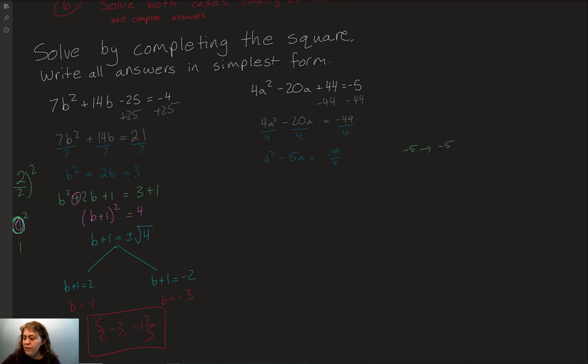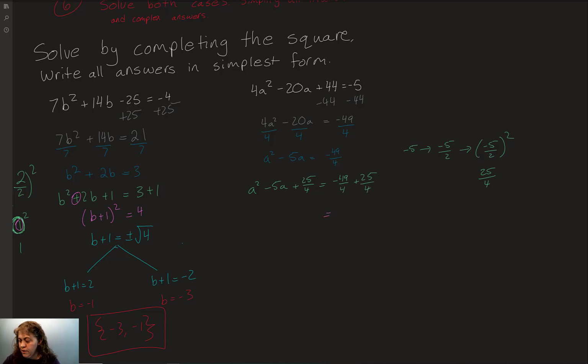We're going to divide by 2, and then we're going to square it. So that becomes 25 over 4. And we're going to add that to both sides of the equation. A squared minus 5a plus 25 over 4 equals negative 49 over 4 plus 25 over 4.